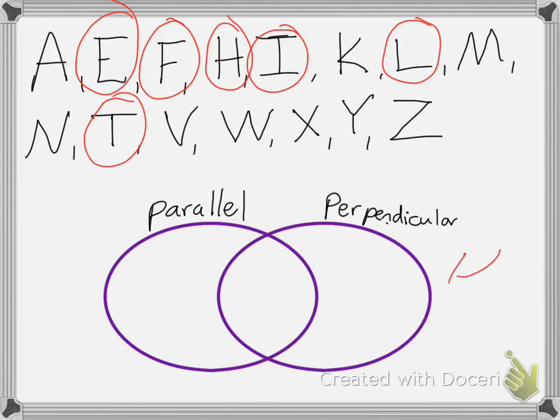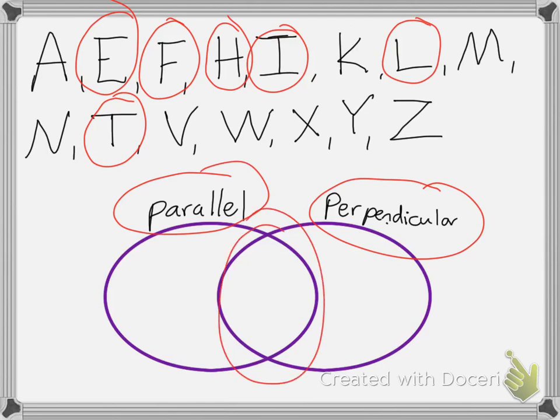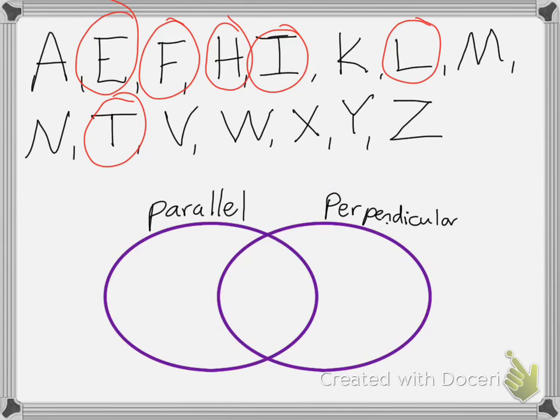Now down here I've made a Venn diagram to sort the letters into groups. Okay, so we're going to put all the letters that are perpendicular on one side, parallel on the other, and of course in the middle will be the ones that have both perpendicular and parallel lines. Okay.